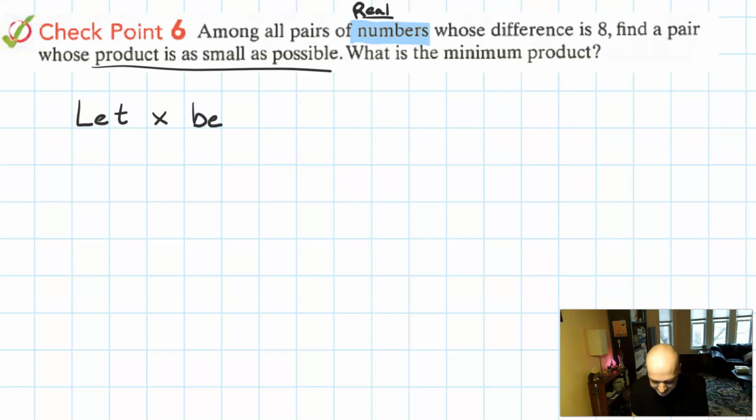So I'm going to say let x be, and I just wrote that because that's how every problem is going to start, no matter what the situation is. And here, I think it makes sense, just let x be the larger of your two numbers. It doesn't have to be the larger one, but it helps to be a little more specific. And then we'll let y be the smaller one.